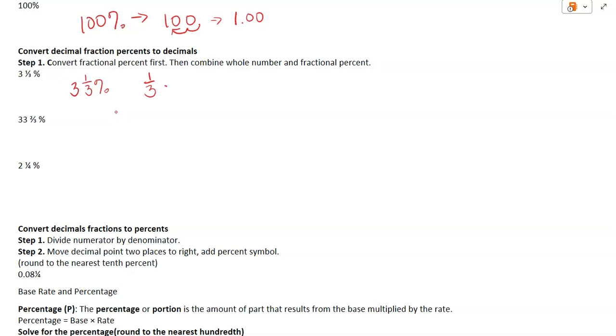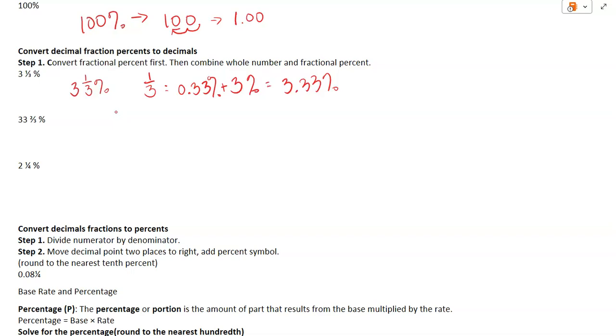1/3 as a decimal is, and I'm just going to round this to the hundredths place, 0.33. Then I'll add my whole number: 0.33 plus 3, and this was percent, gives me 3.33%.